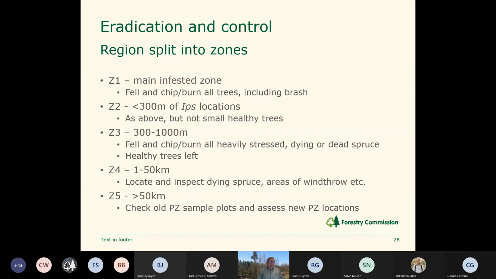And then there's an ongoing survey program which is surveying spruce, initially up to the extent of the 50k demarcated zone, but then a much wider ongoing program through different surveillance techniques.